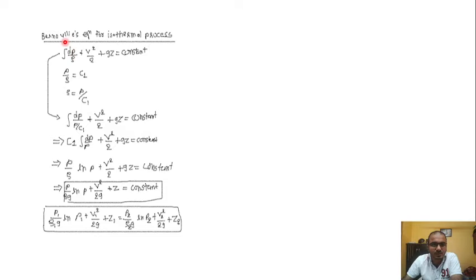Then we derived the Bernoulli's equation for an isothermal process, and finally we obtained this equation: P by rho g log P plus V square by 2g plus Z is equal to constant. So this is the Bernoulli's equation.